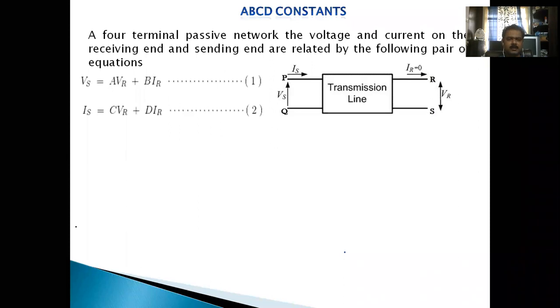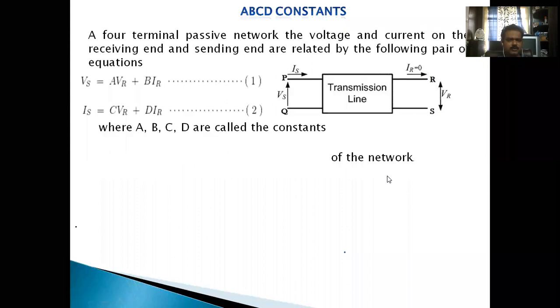Whatever the name, the governing equations are Vs is equal to A into Vr plus B into IR, and Is is equal to C into Vr plus D into IR. We can relate the sending end voltage and current with the receiving end voltage and current using these 2 equations. These are the ABCD constants of the network.